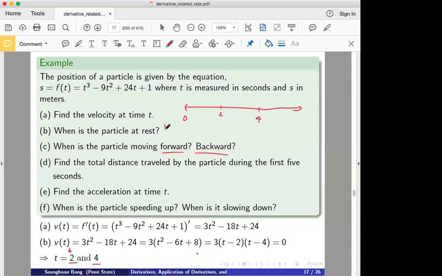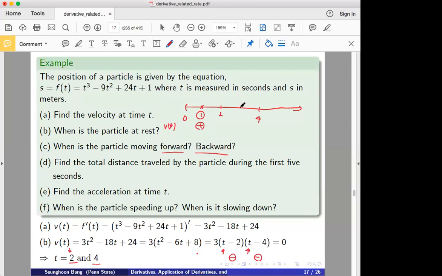You can check whether velocity is positive or negative. I'm going to choose a test number here. Test number 1. You plug 1 into the velocity. 1 minus 2 is negative. 1 minus 4 is negative. Negative times negative is positive.